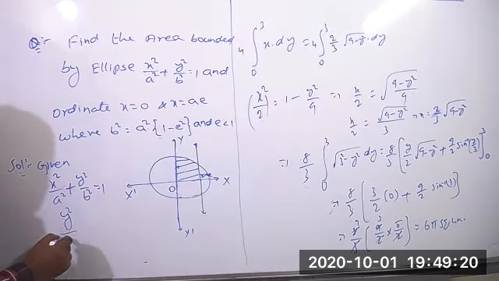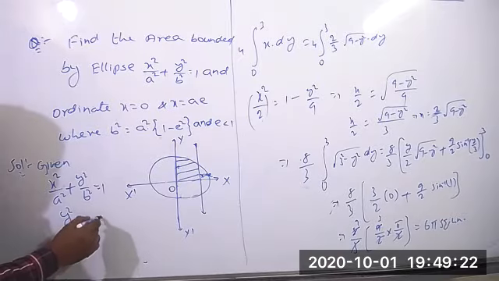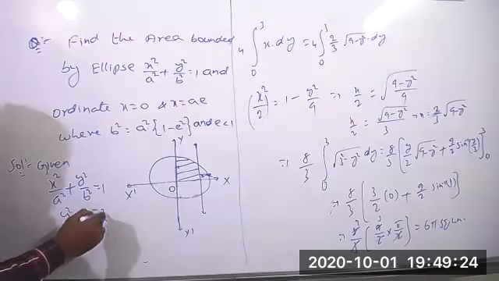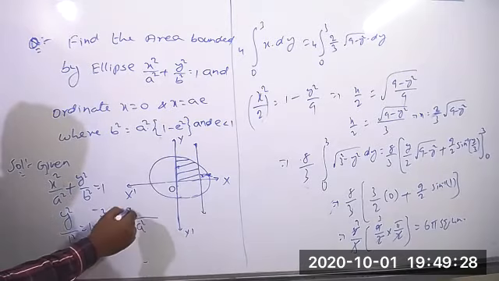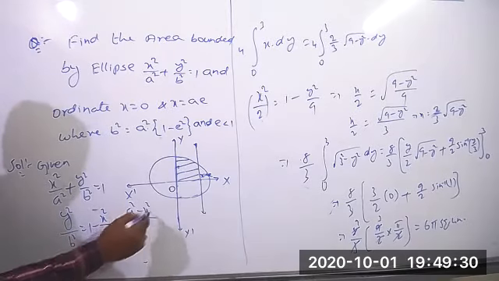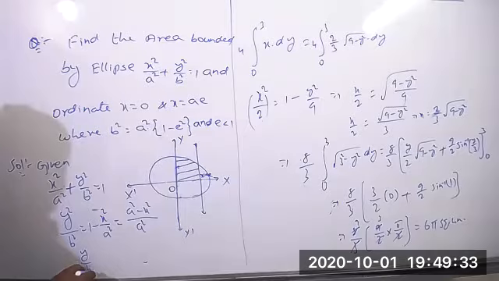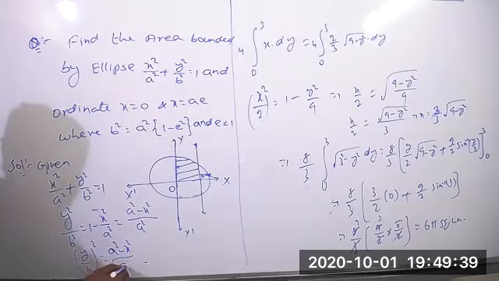Already we did this previously. Y square by b square is equal to 1 minus x square by a square. Now take the LCM here. A square is the LCM. So a square minus x square. So y by b whole square is equal to a square minus x square whole by a square.